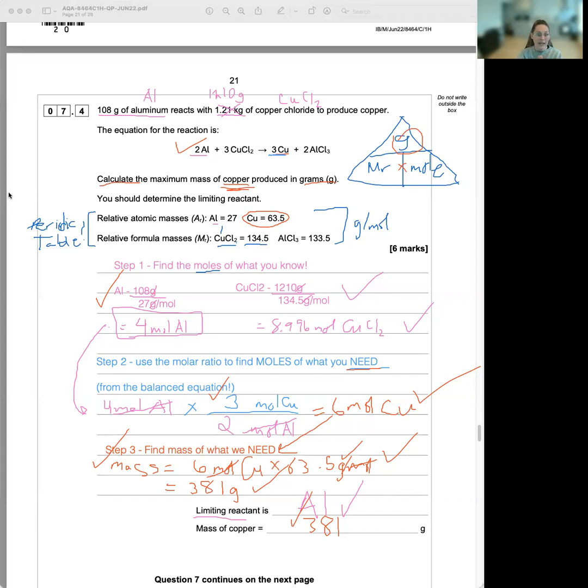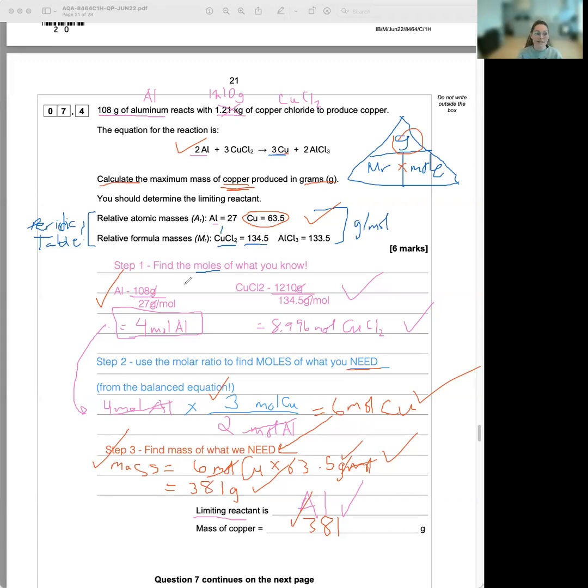Now, again, you might get marks for balancing the equation. You might get marks for having to calculate the MRs yourself. Okay, so this can be as simple as a 4-mark question for step 1, 2, 3, and a right answer. It can be a 5-mark for balancing an equation, step 1, 2, 3, and a right answer. It can be a 5-mark from getting a balanced equation, but calculating MR, step 1, 2, 3, and a right answer.